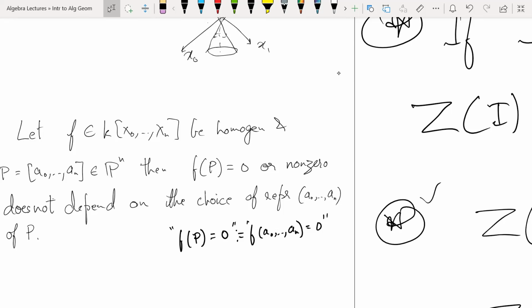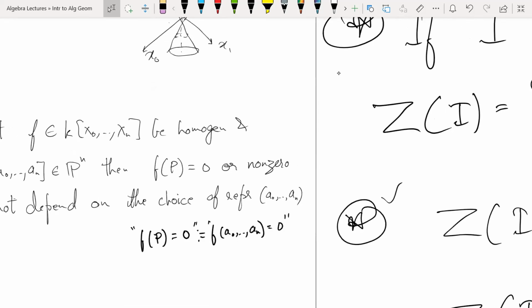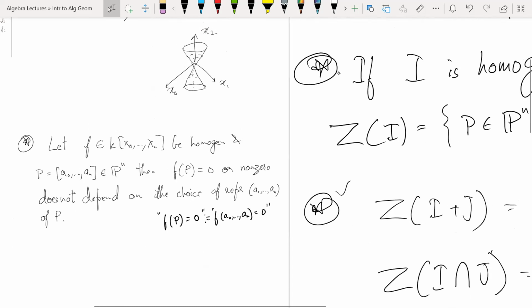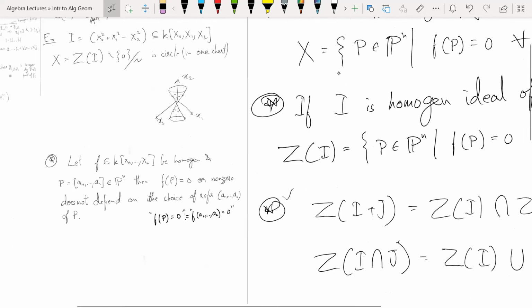You can't plug that in, but any non-zero point on that line you can take, and it doesn't matter which one. The value F(a0, ..., an), if it is non-zero, changes as you take a different representative, but 0 is okay.